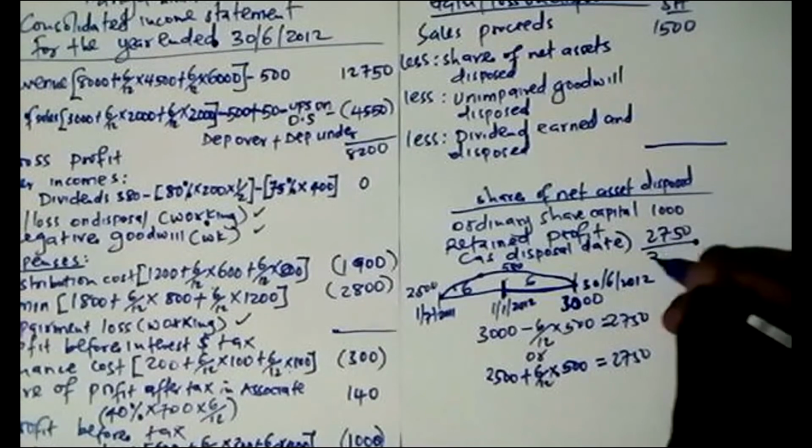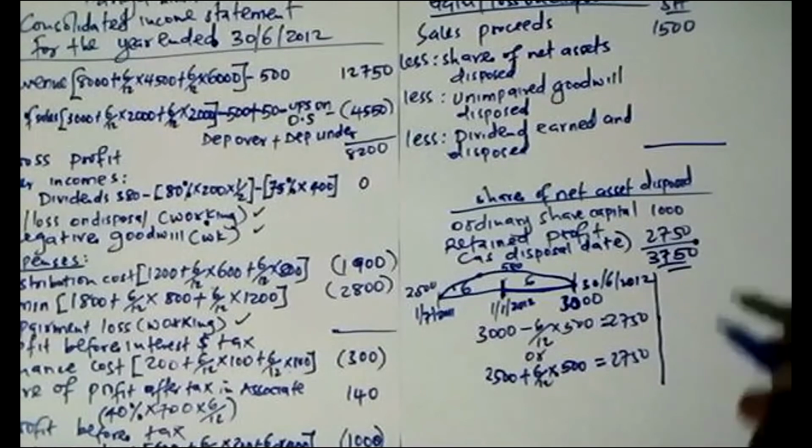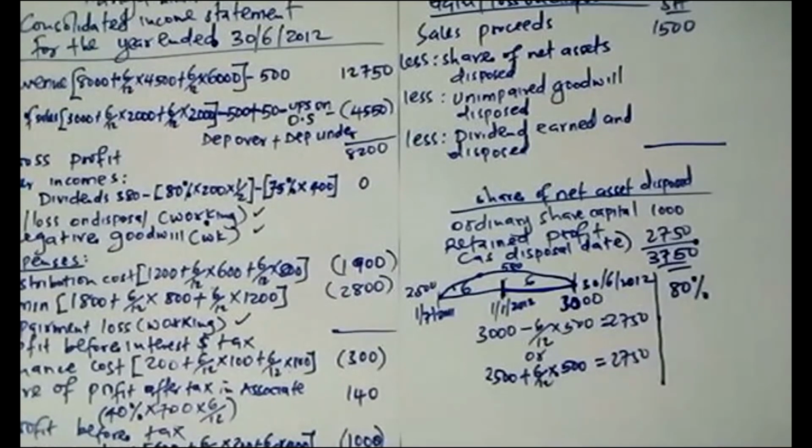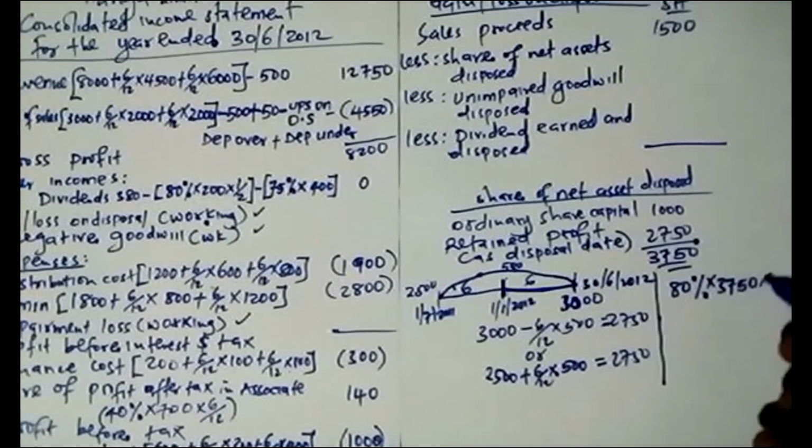3,750. But now, remember that we were looking for the one which was disposed. Out of the 3,750, the total net assets, the parent controlled 80%. Then it disposed a half.